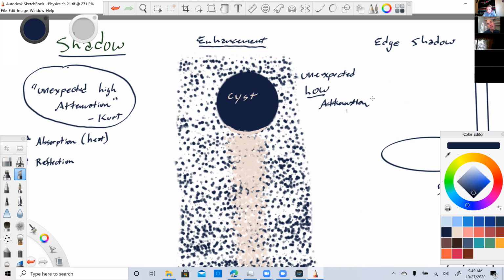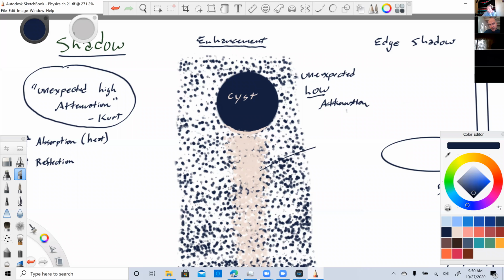Whereas in the shadow, there's a lack of information, because the attenuation took so much of the energy away. It has low information, or perhaps no information, coming from the area of the shadow.